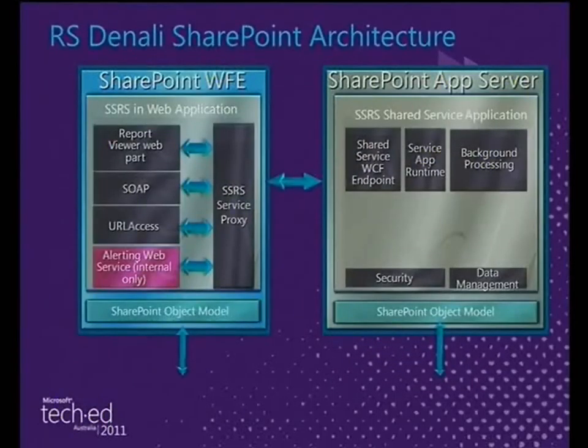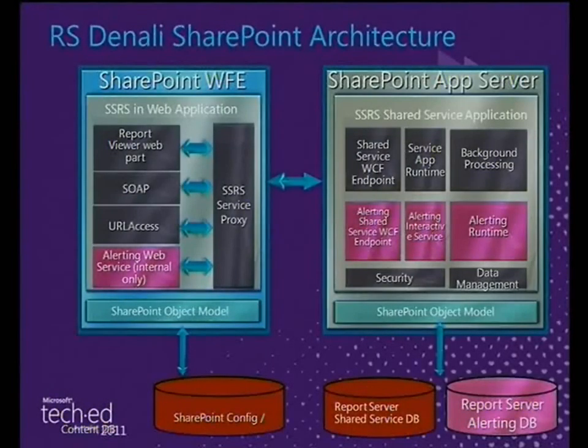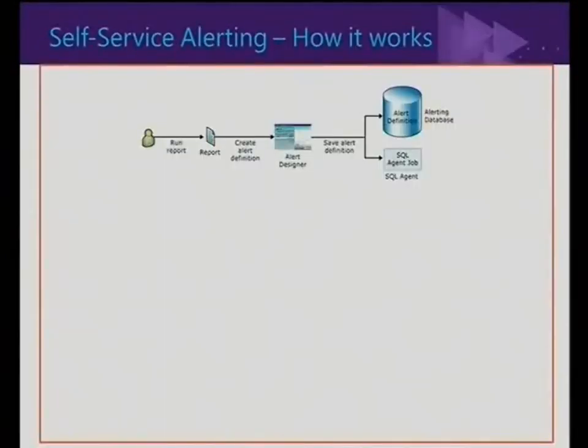And quick architecture slide. There is a new little component that gets integrated into the SharePoint web front end when you install that add-in for Reporting Services in integrated mode. And then on the back end, there's a new little alert service that runs with a runtime on the app server. And the workflow looks like this. So the user runs a report, creates the definition.